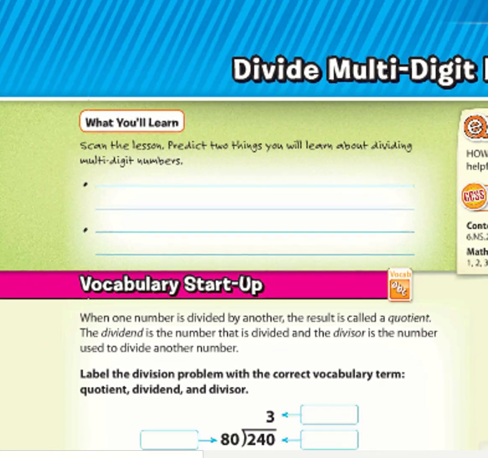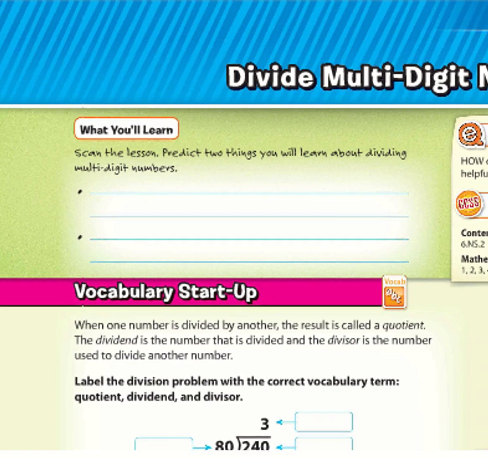After scanning the lesson, predict two things we'll learn with multi-digit numbers. Today, we're dividing multi-digit numbers. One thing we're going to do is learn how to divide each place value.